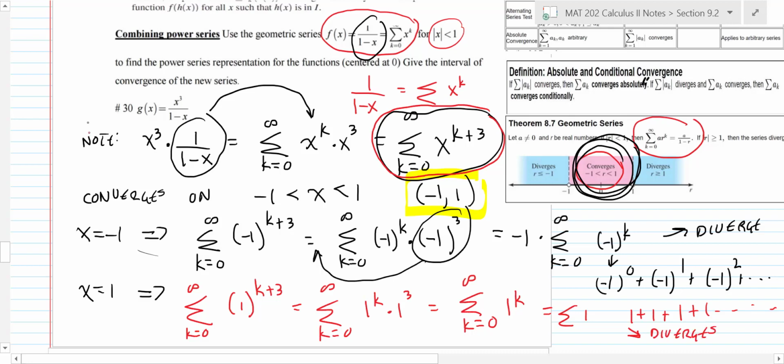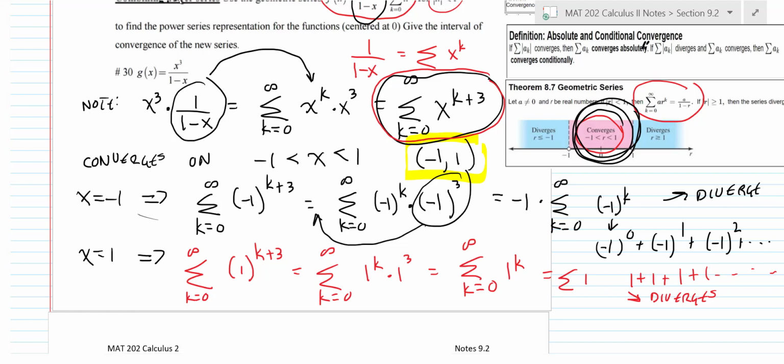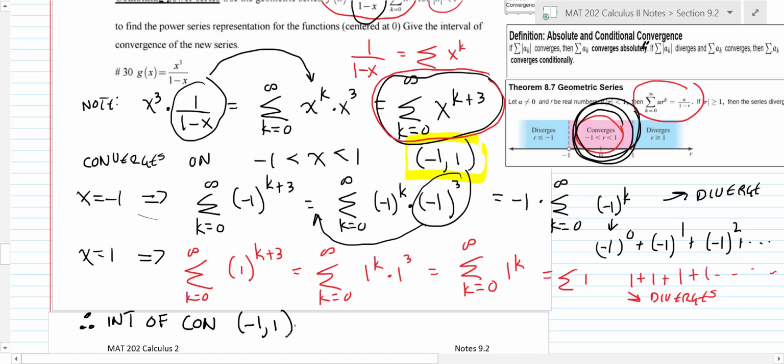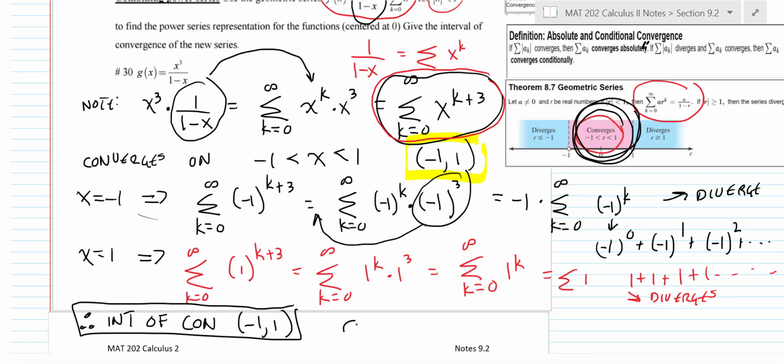So the interval of convergence, after all this, is -1 to 1 without including the endpoints. Okay? What's the radius of convergence on this? What's half the distance from -1 to 1? 1. Okay, so that would be radius equals 1.